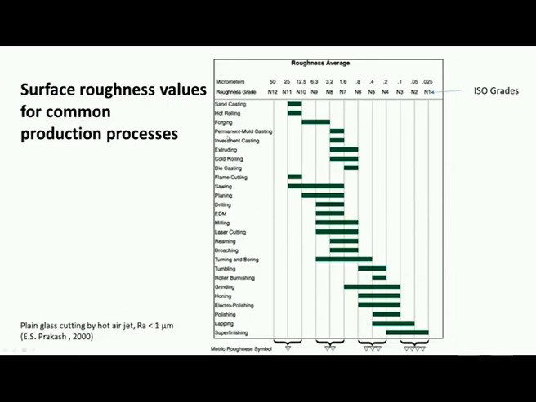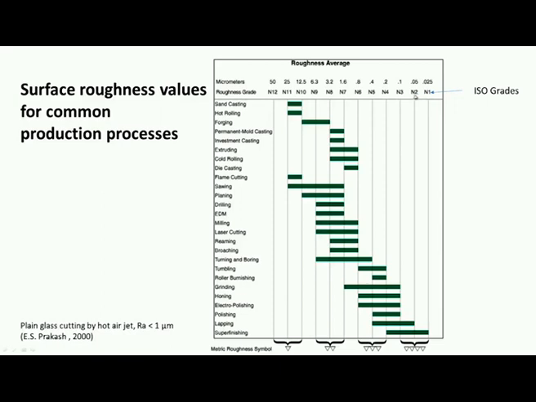Now this picture shows surface roughness values for common production processes, and these are roughness average or Ra values in terms of micrometers. You can see the range is 0.025 micrometer to 50 micrometer Ra, and this row shows the ISO grades, N1 grade, N2 grade up to N12 grade.